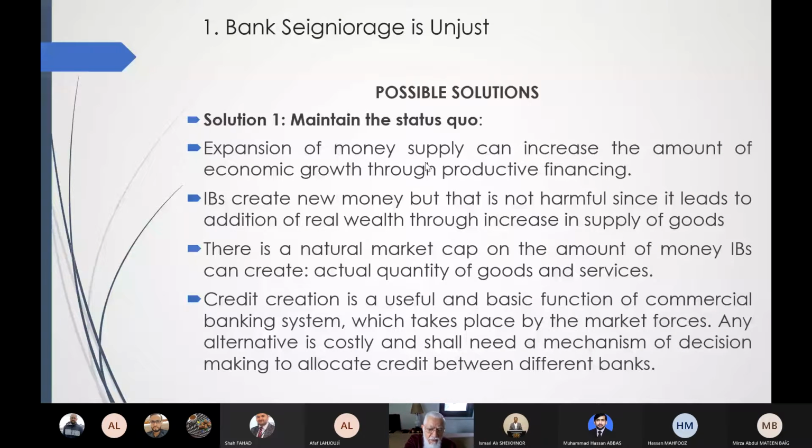And second, you can give financing also for fake transactions like options and other imaginary or untrue transactions.